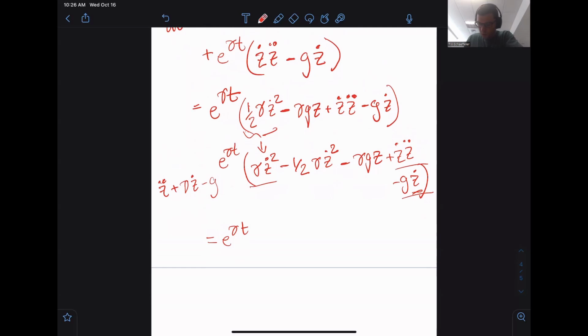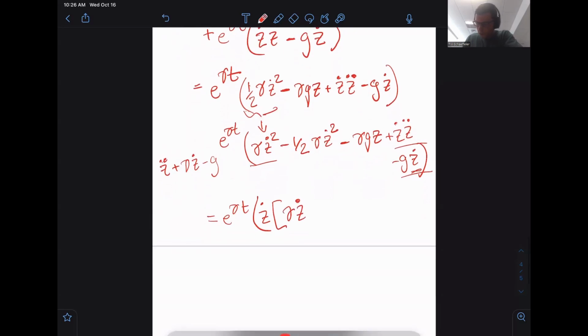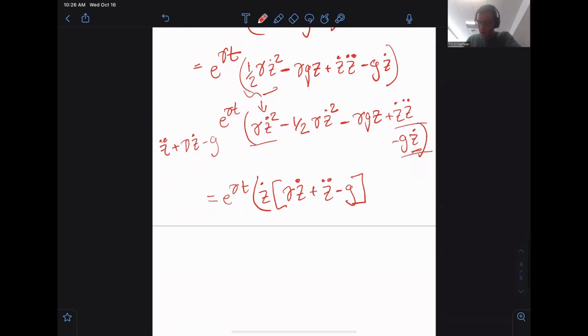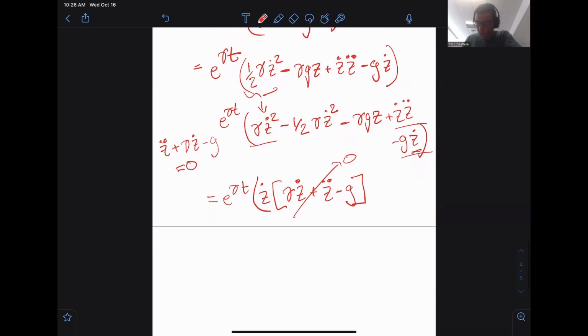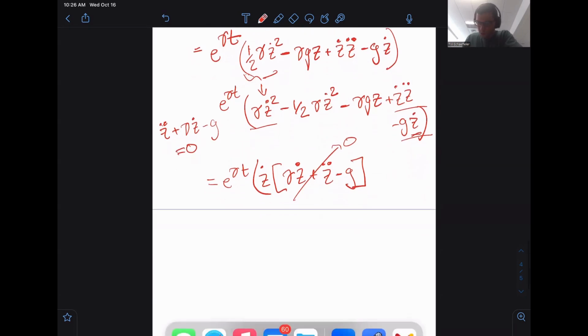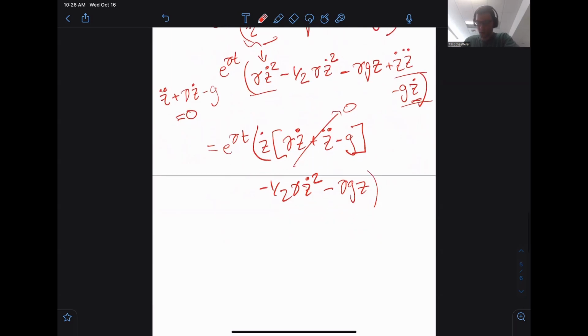So that's gamma z dot plus z double dot minus g. And then that's the equation of motion right there that we pulled out. So that's equal to 0. And what we're left with is the terms that I didn't touch. So minus 1/2. Okay, so that simplifies a lot.